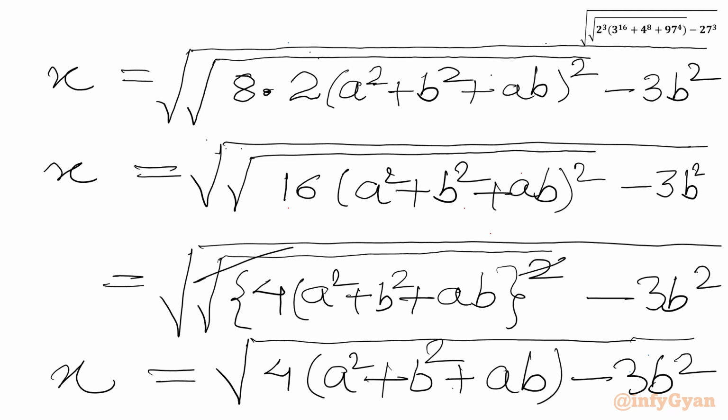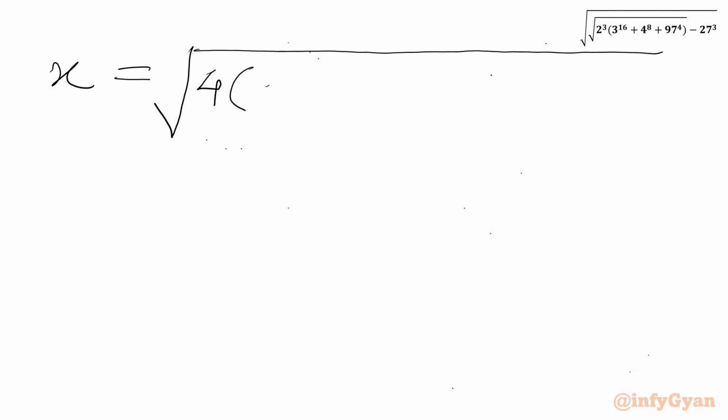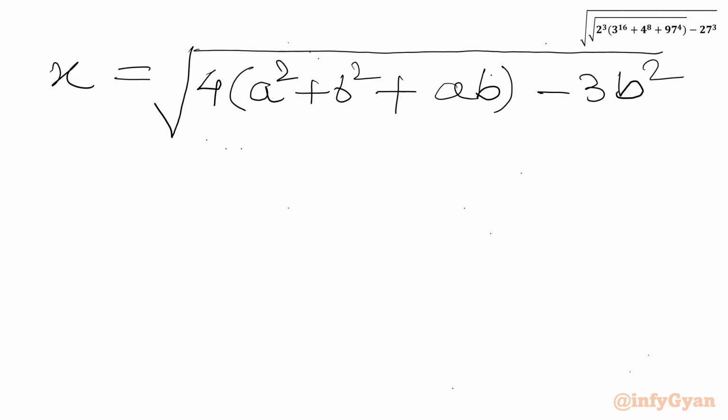Let me write here x equal to square root of 4 times a square plus b square plus ab, and then minus 3b square. Now we will simplify.